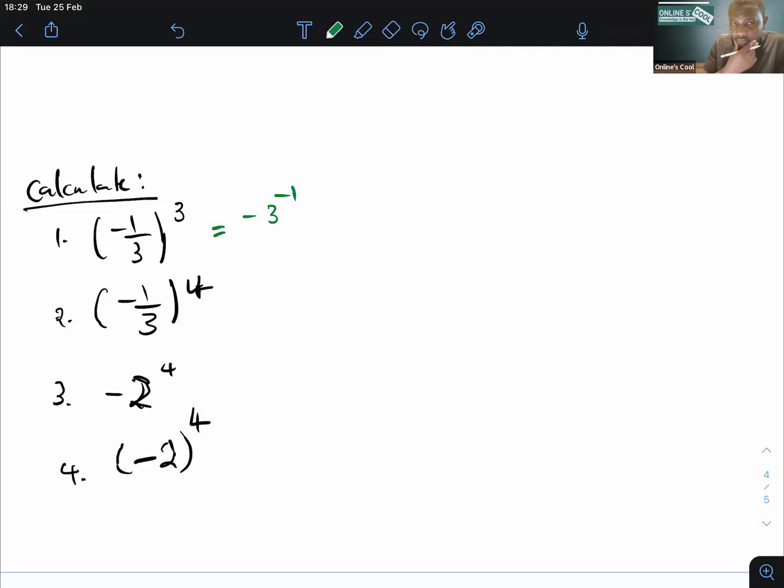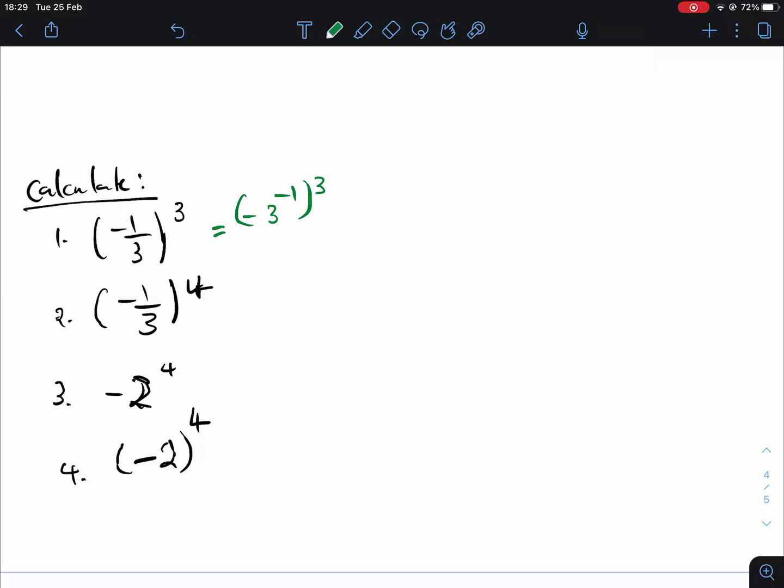Then from there, obviously the bracket cubed applies to the 3.